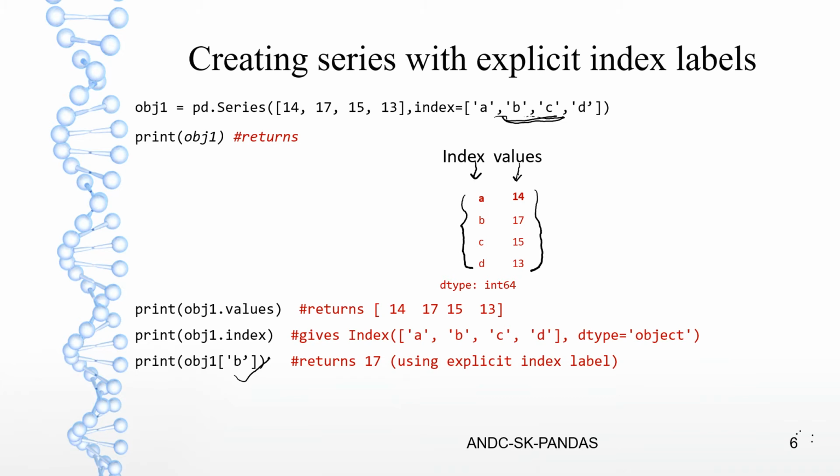It will give you 17 because 17 is there at index b. And if you want to use the default indexes, even then you can use them. You can use the default indexes from 0 to 3. So it will also return you 14 for obj1[0], that is this 14 you will get here.